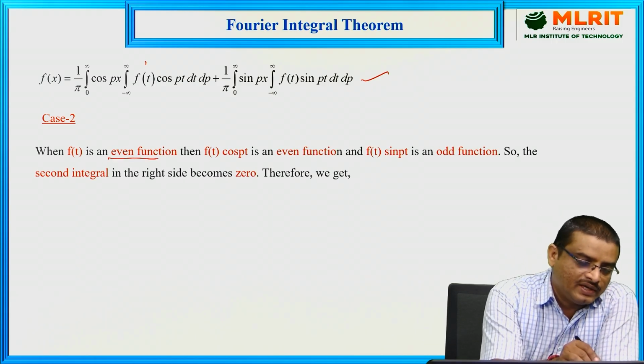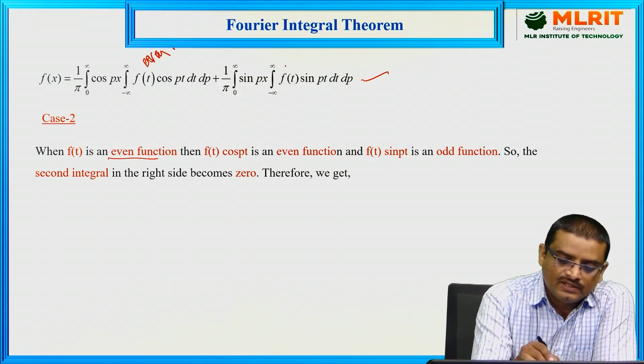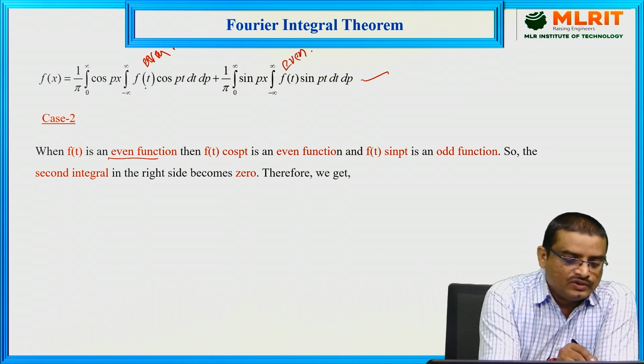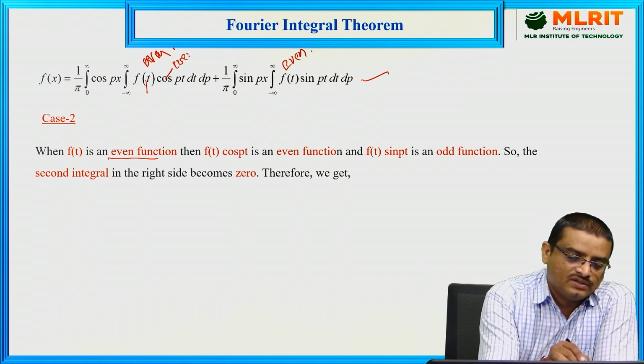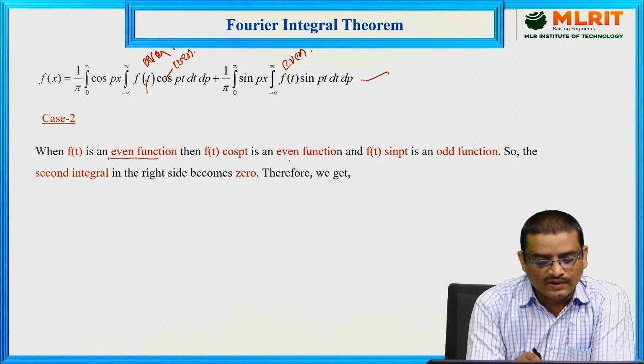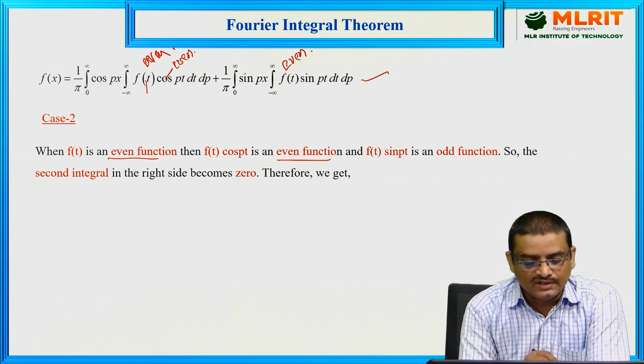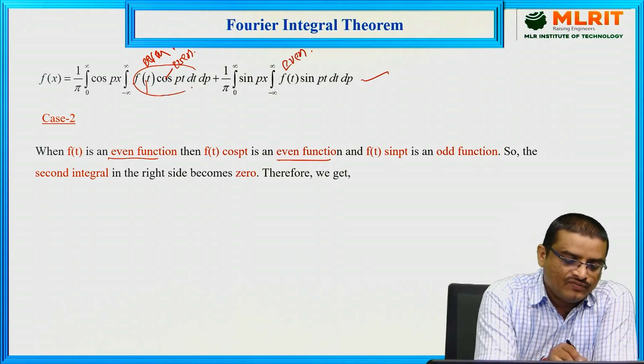So now we are taking this as an even function, and this cos is also an even function. So if you multiply two even functions, the product of two even functions is always an even function here. So this entire function becomes an even function.